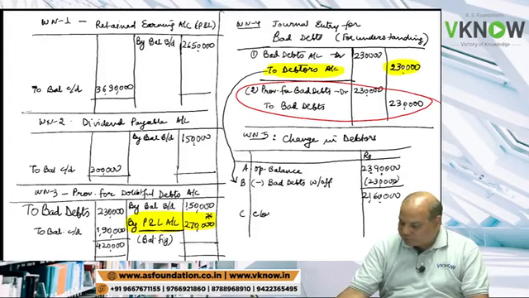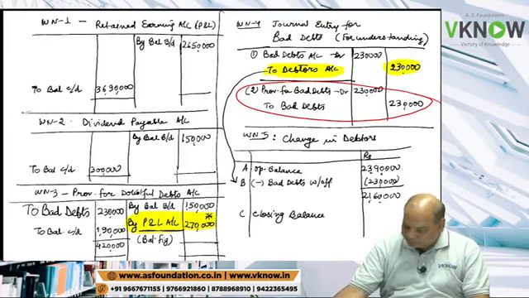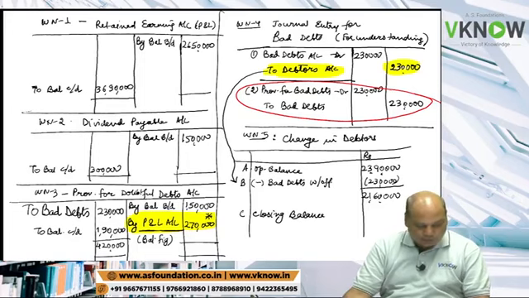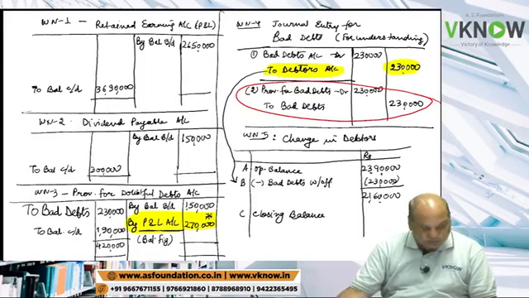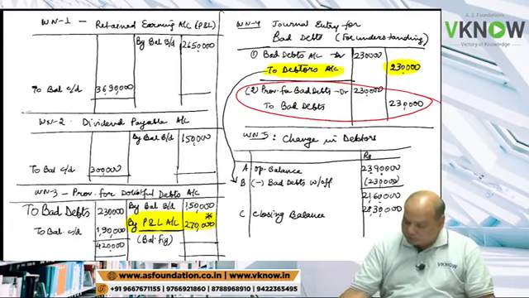23 lakh 90,000 minus 2 lakh 30,000 is 21 lakh 60,000. Point C, closing balance. Closing balance of debtor in the question is 28 lakh 30,000, and therefore point number D, increase.